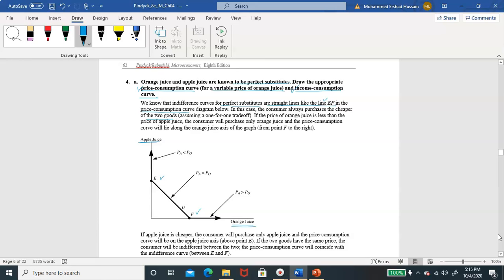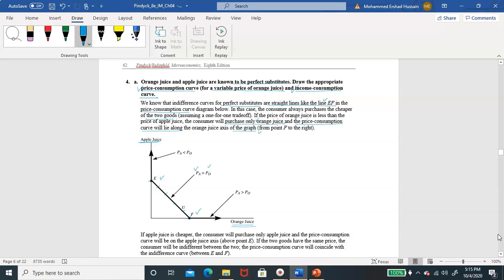Assuming a one-for-one trade-off, if the price of orange juice is less than the price of apple juice, the consumer will purchase only orange juice, and the price consumption curve will lie along the orange juice axis for this graph. See that? As long as the price of orange equals the price of apple, we will be somewhere here because the consumer is indifferent.